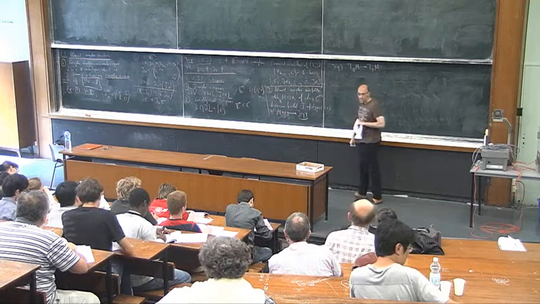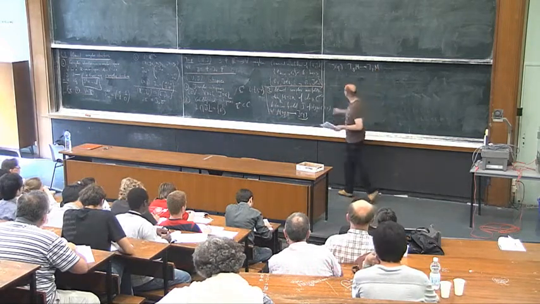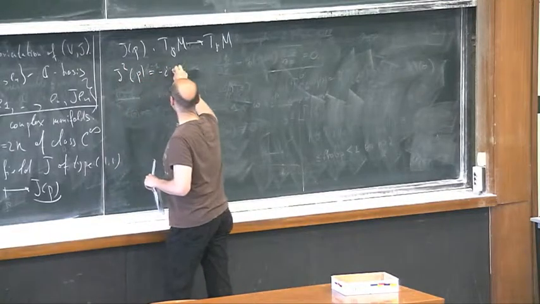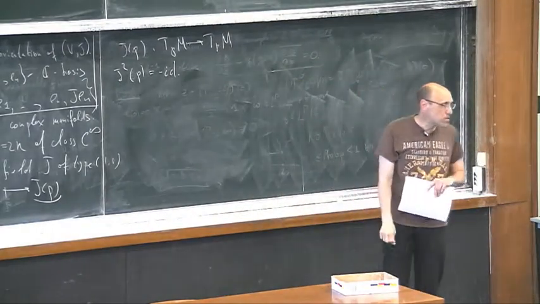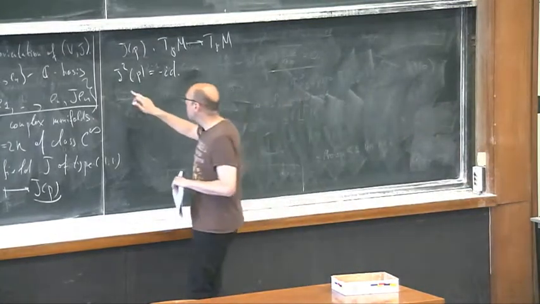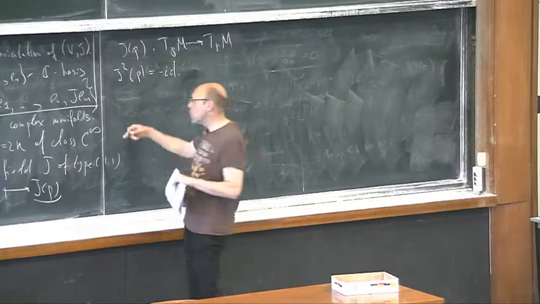And we suppose that this linear map is a complex structure in that sense: J squared is equal to negative identity. This is true for all points p of M.